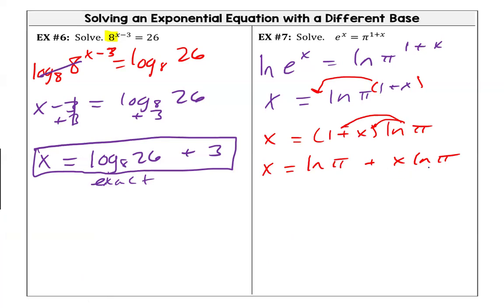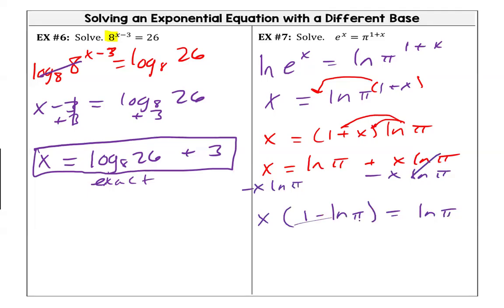So now I can move this term because it's now separated from this term, which means I'm going to subtract. And what I do to one side, I do to the other. And when I subtract, I can now factor out my x. I'm left with 1 minus natural log of pi, equals natural log of pi.